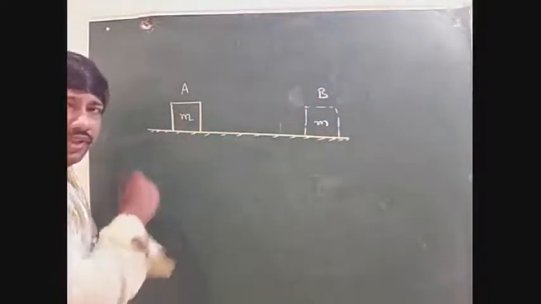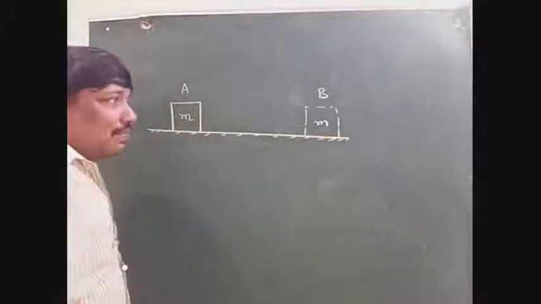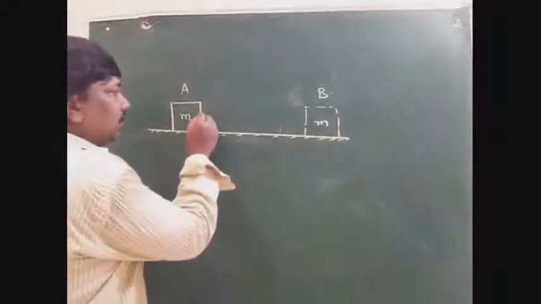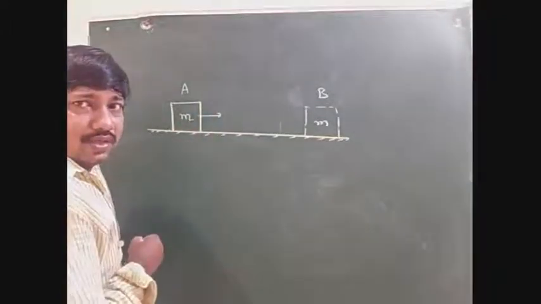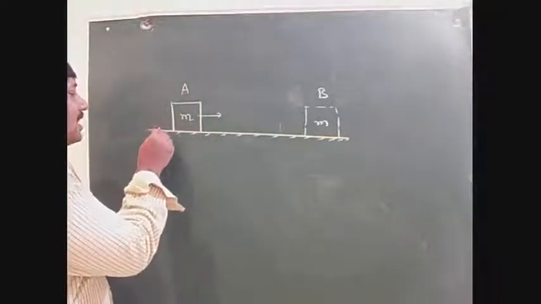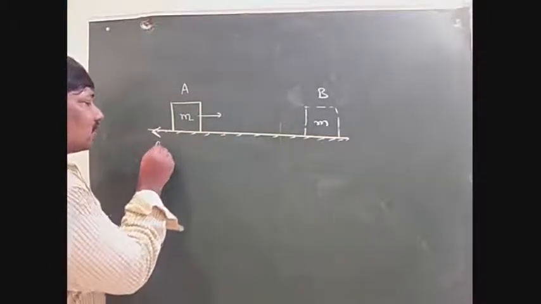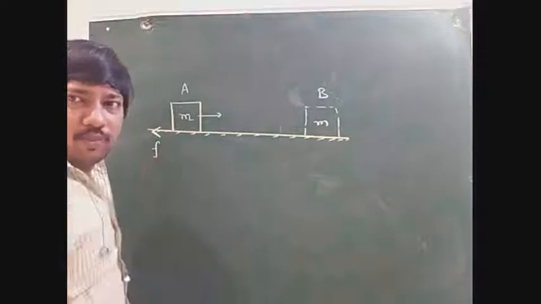In this situation, the work done by the frictional force is negative, because the frictional force acts on the body in the direction opposite to the motion of the body.